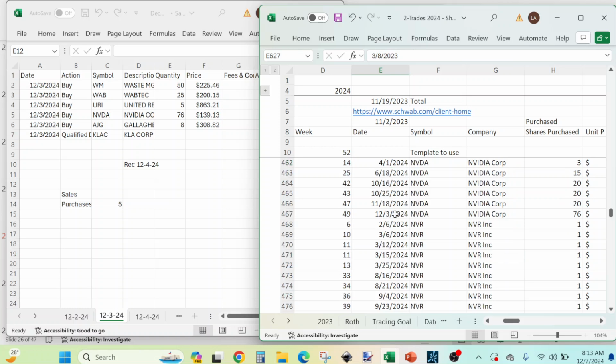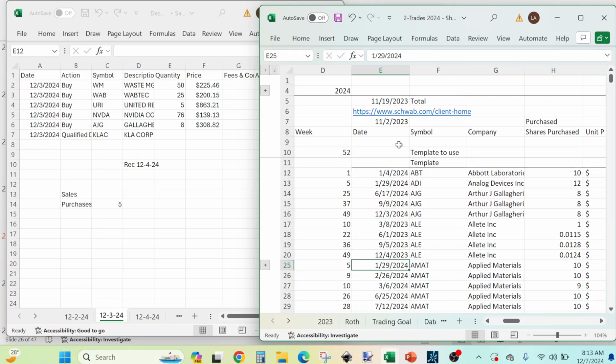Okay, we have that as well, AJG and K. So let's just continue. Now K, we didn't buy K, AJG. So AJG will be at the beginning. Yeah, we have December 3rd there as well. So we check those. So we'll go to December 4th.